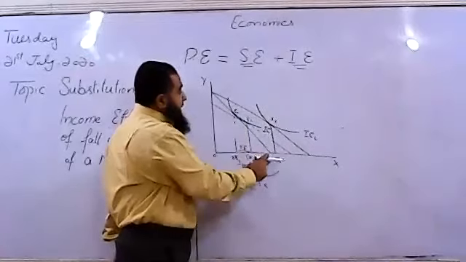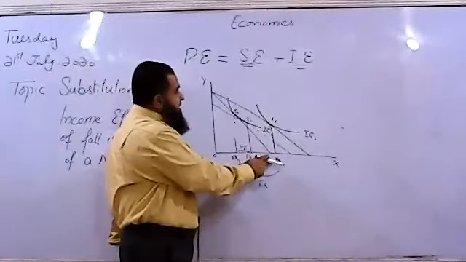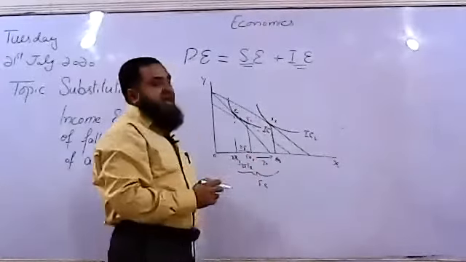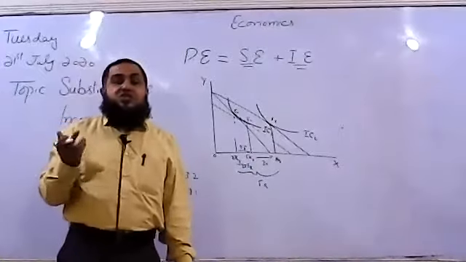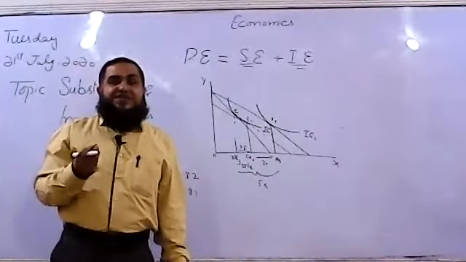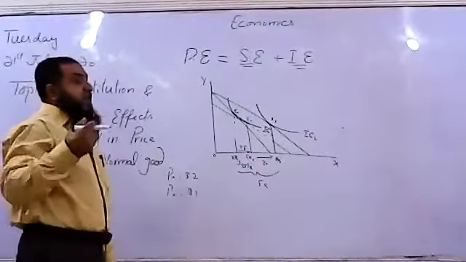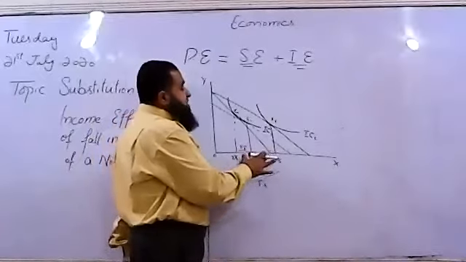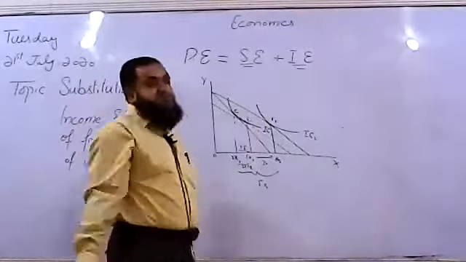So finally, he is consuming 8 units of X due to fall in price of X. So these 3 units which are increased by the consumer to buy further of X, this is due to increase in the real income. As price of X has gone down, the real income of consumer has increased. So when income increases and he spends more income on commodity X, he buys more of X. This is called the income effect.